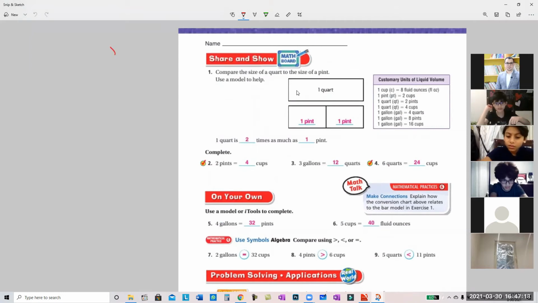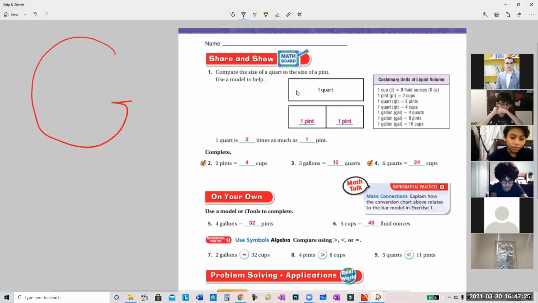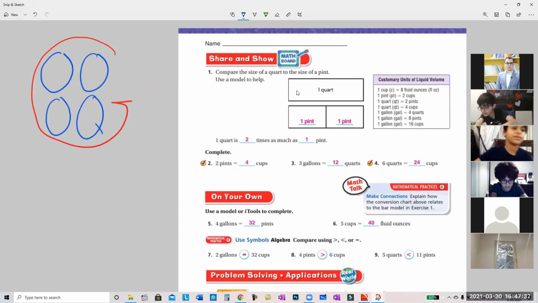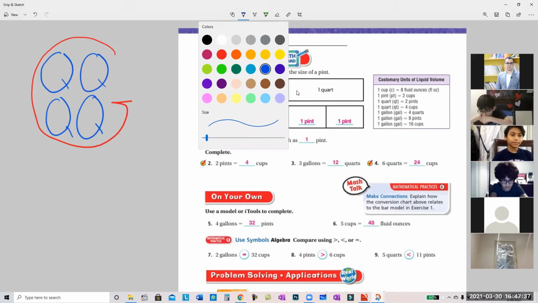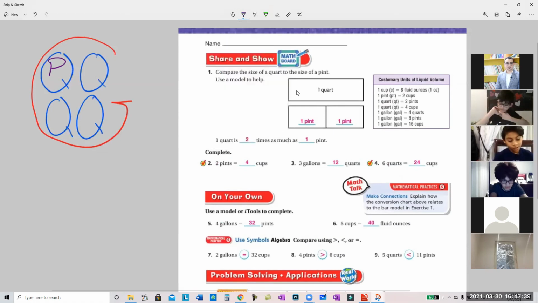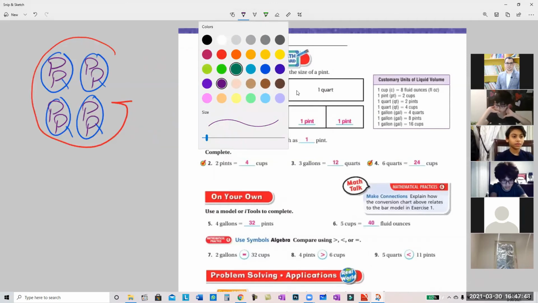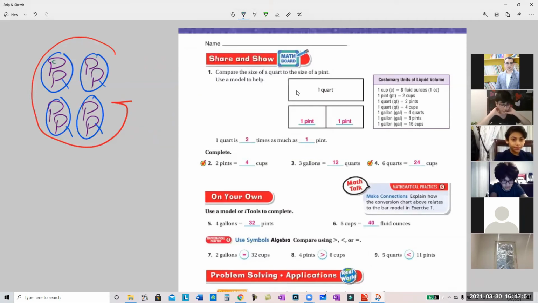Okay, so we have the big G, and inside it we have 4 quarts, and inside each quart we have 2 pints, and inside each one we have 2 cups.